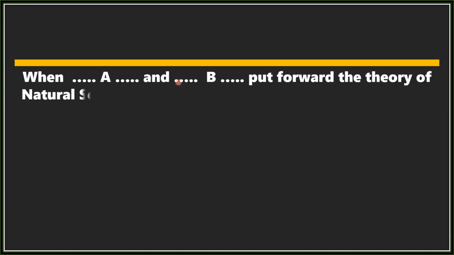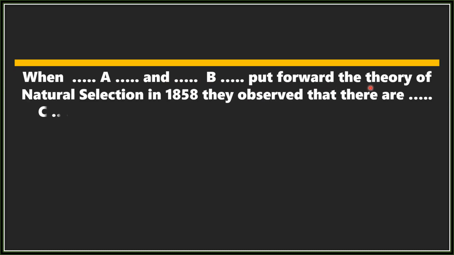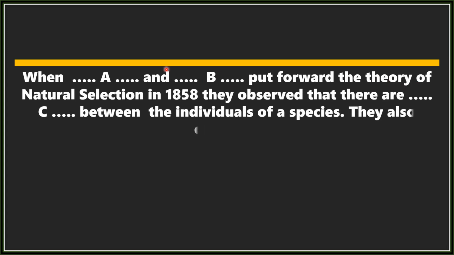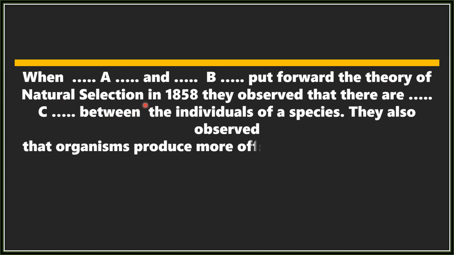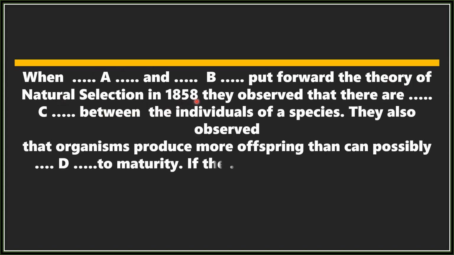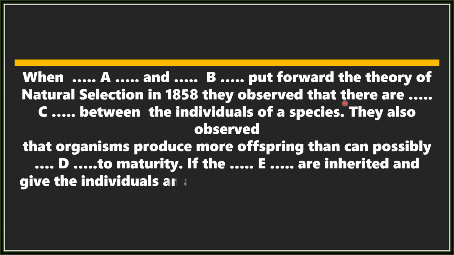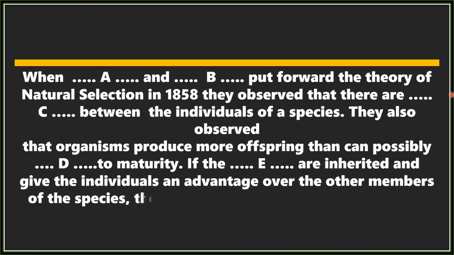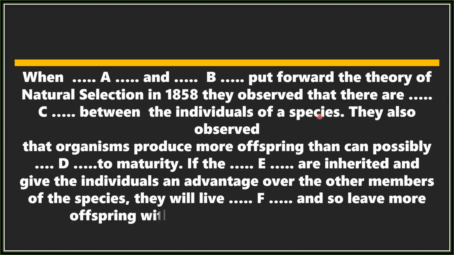When a dash and a dash put forward the theory of natural selection in 1858, they observed that there are dash between individuals of a species. They also observed that organisms produce more offspring than can possibly dash to maturity.